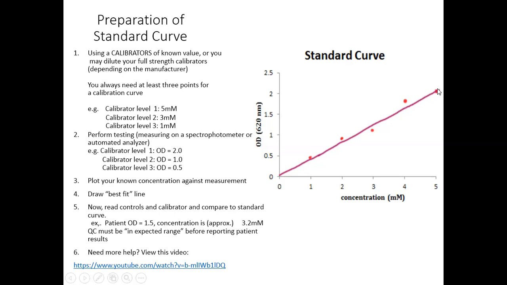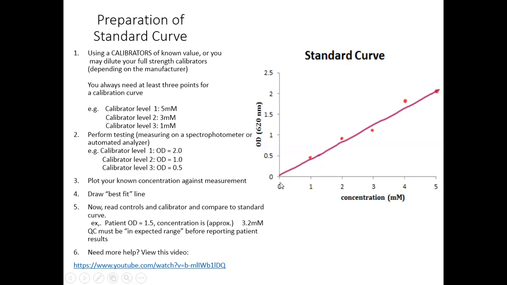This one happened to have had 5 points, so it makes it really easy to draw a best fit. These 2 are right in line, and I would have 1 just slightly below. That's perfect. That's fine.